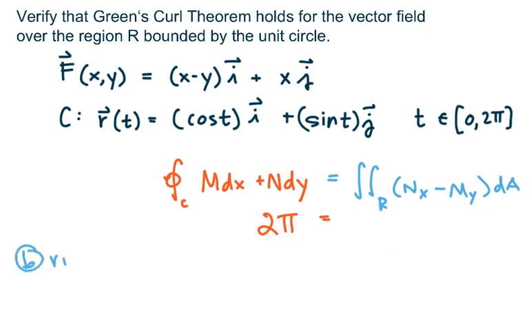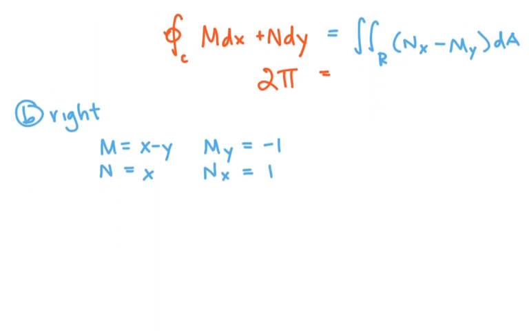So looking at the right side, I do not have to deal with parametrizing it and setting up that composition. I just need to know what M is. M is x minus y, N is x. Partial of M with respect to y is -1, and partial of N with respect to x is +1.